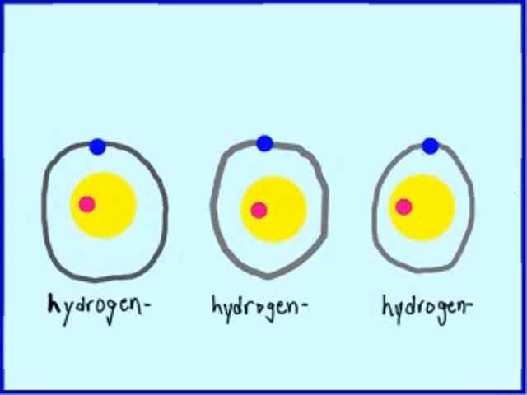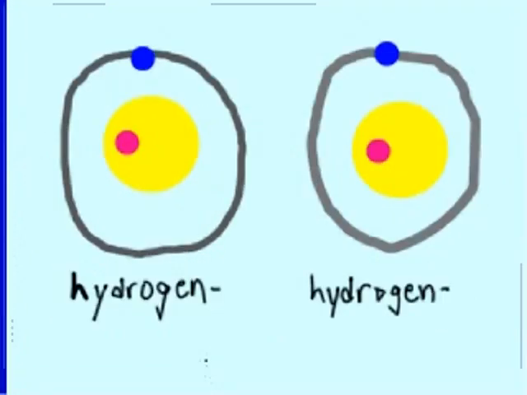Now let's start with the most common one. This first isotope of hydrogen has 1 proton and 1 electron, and it has no neutron. Because it has 1 proton, it's hydrogen.